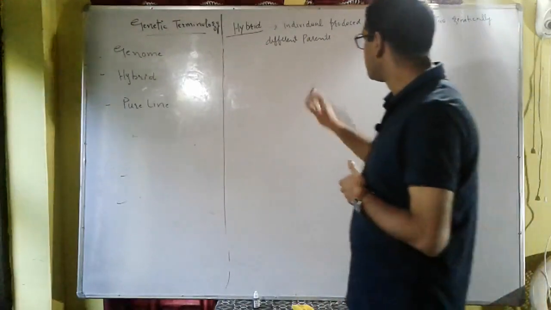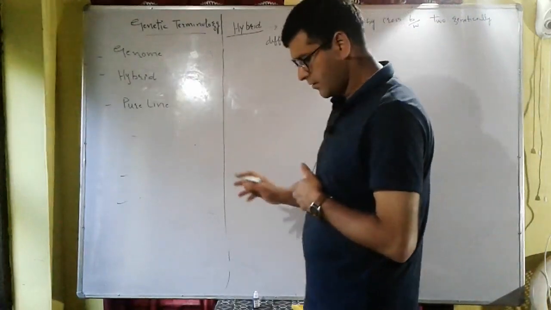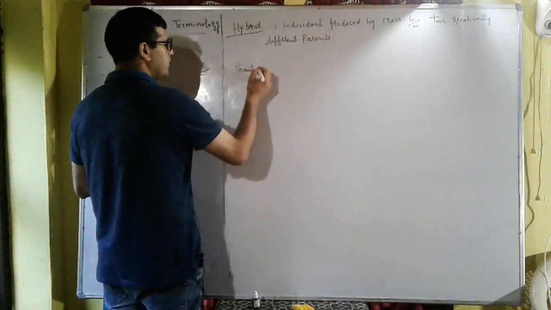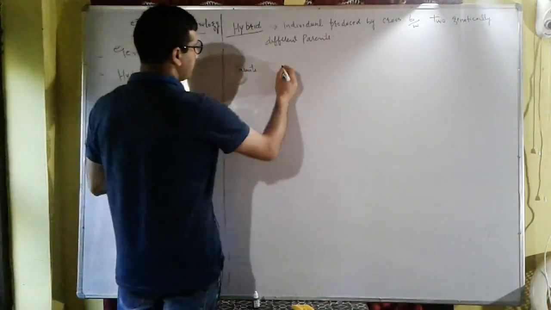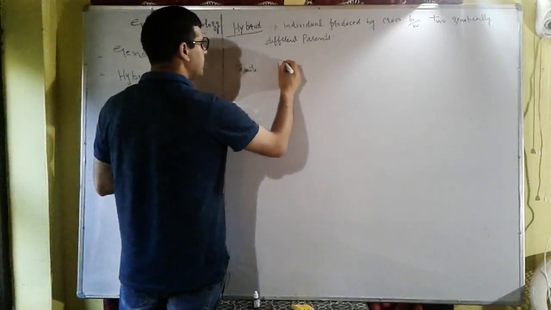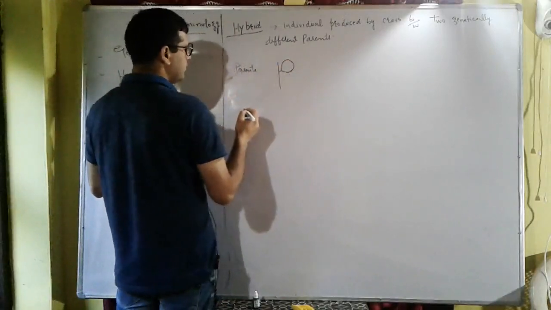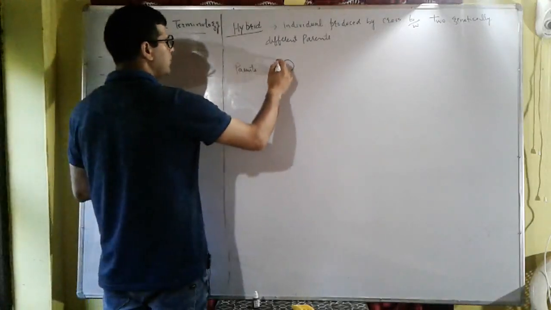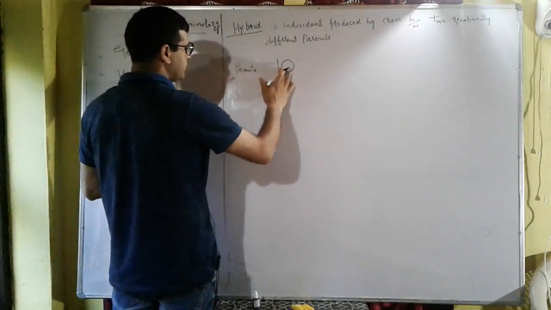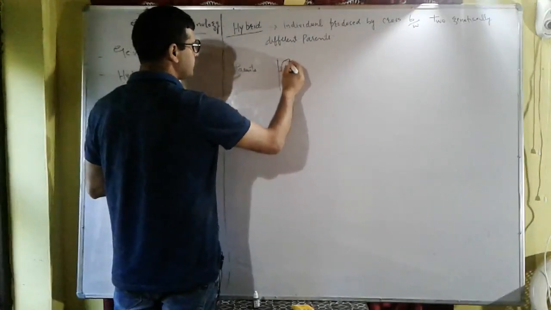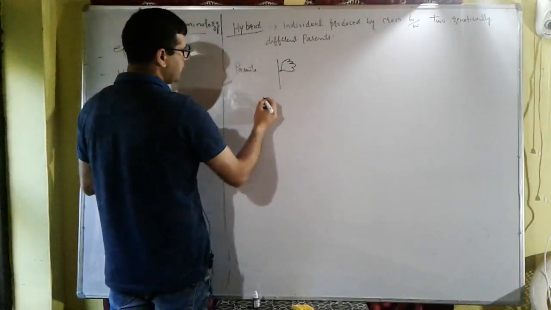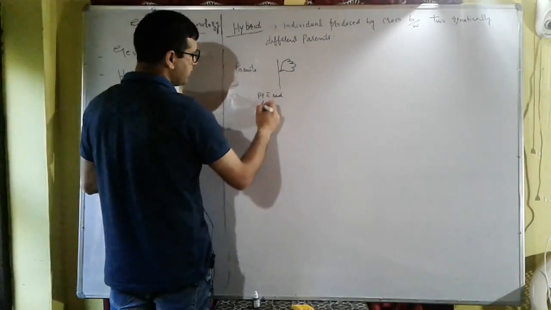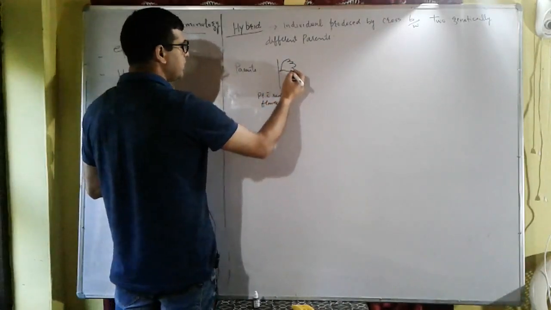For example, we have two parents. This one parent, for example, is a plant with red flowers. Obviously, this is red color.